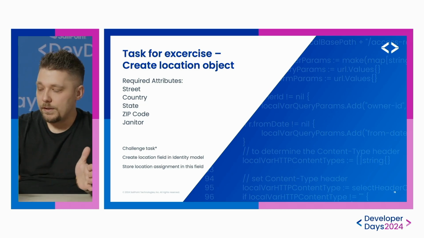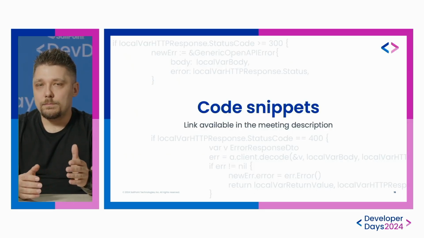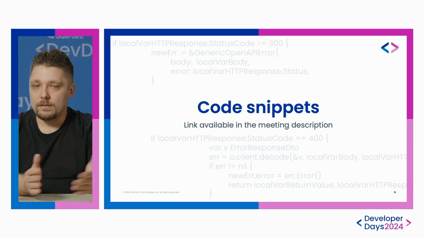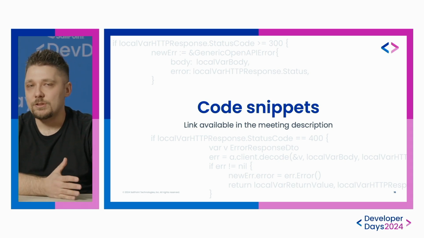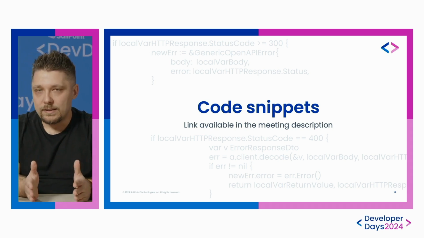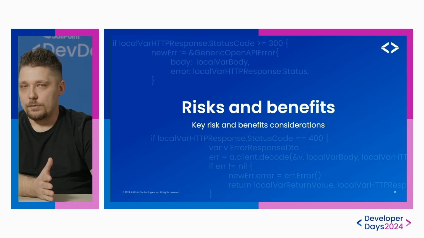After this video, I will put the code snippets with both solutions, with the business application class and location class, into the SailPoint developers forum thread about this topic. That's where you can find, I believe, the recording of this video and a link to the GitLab where you can find the code. And you can compare whether what you did is exactly the same as what I did. But yeah, that's the solution.